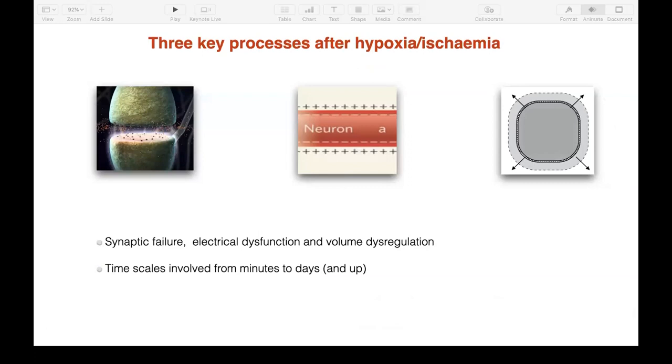The time is too short to go into detail about the cytotoxic edema, but in essence, there is a massive sodium influx and chloride influx. Both ions need to go into the cell. Electroneutrality needs to be preserved, and that results in a huge osmotic gradient, resulting in the influx of water and the associated increase in cell volume.